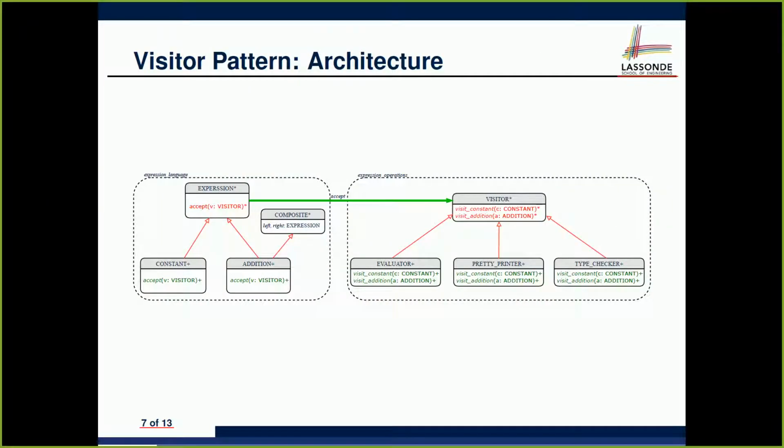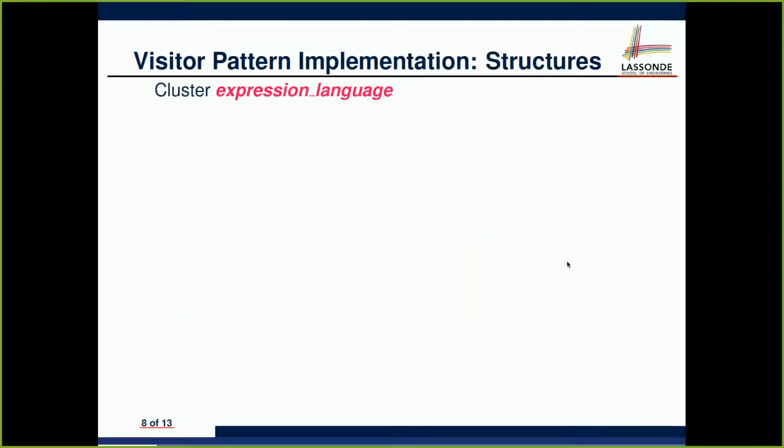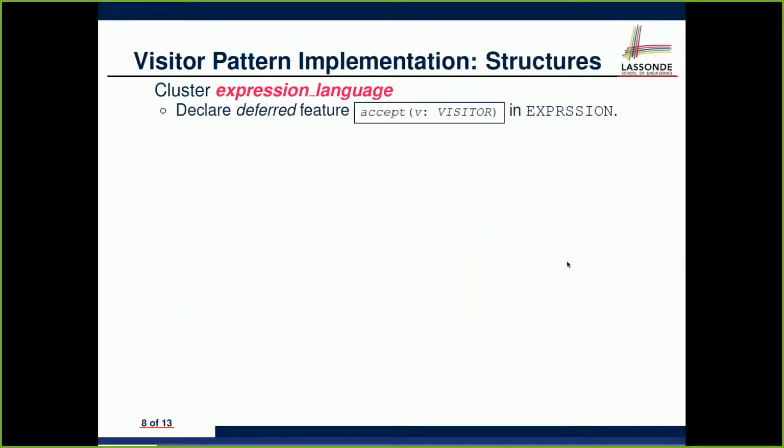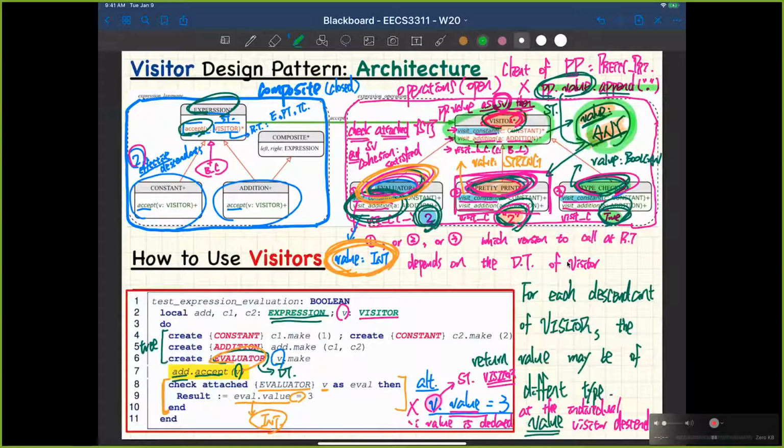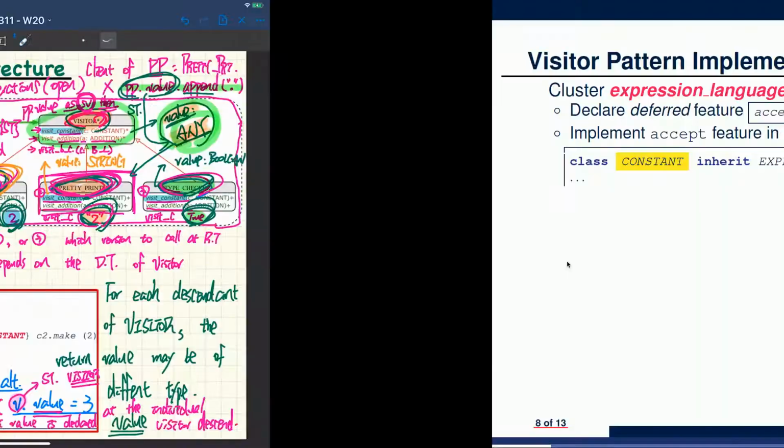So there's a visitor slide over here, and let's go to the composite part, just the expression. We'll talk about the accept feature, and let's say, for example, constant. The first one we see very quickly is the constant class.